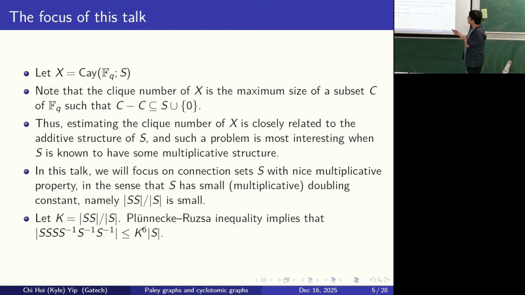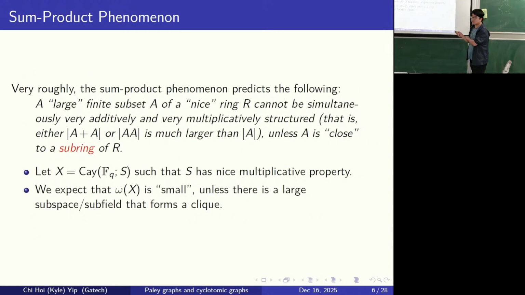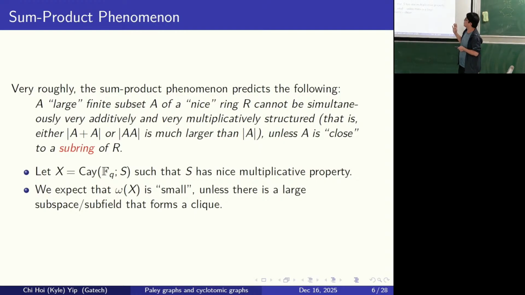Okay, so next I want to mention the sum product conjecture. The sum product conjecture is still widely open, and it has many generalizations and variants. But for our purpose, let's just consider a special case. Given a nice ring R, in our case the ring R is just a finite field F_q, and we have some subset A of this finite field, and suppose this set is not too small.